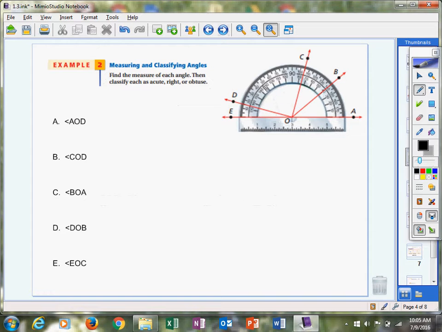I've got a picture here of a protractor with different rays shown, and hopefully it's big enough that you can see, and they're not trying to trick you with measurements, so don't think I got to be uber precise. Just get it as close as you can. I've tried to enlarge it as best as I could. The bigger it gets, the blurrier it gets.